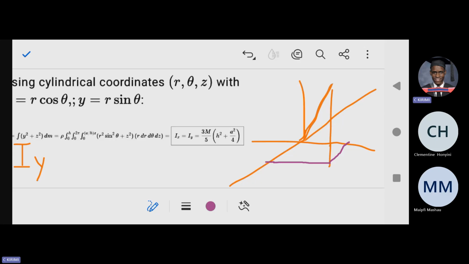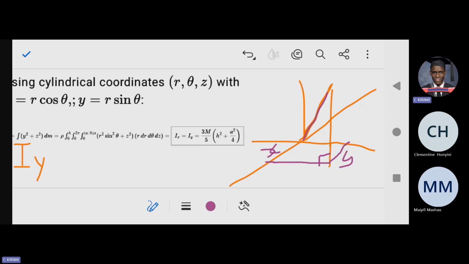If I want r in terms of theta, this is our x, and this is our y. This is obviously 90 degrees because this is the height, which is the z. So here there's 90 degrees.